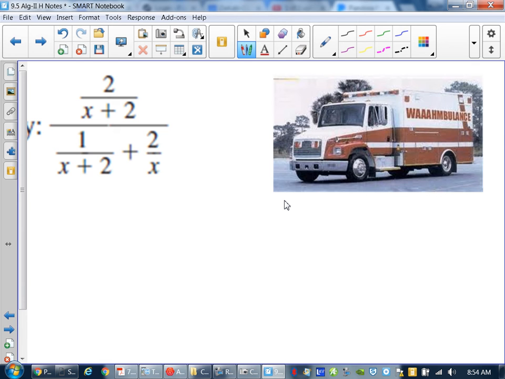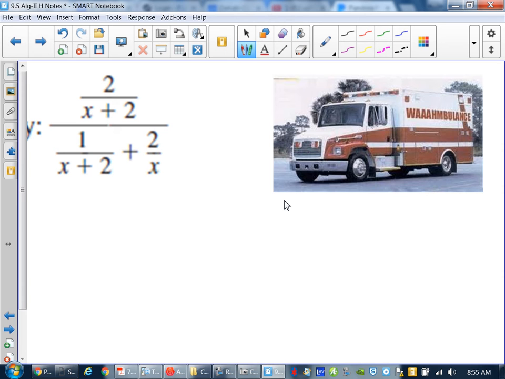Because I'm an idiot. So this is what we call a complex fraction. A complex fraction is a fraction divided by another fraction. And it's just another way of rewriting, instead of having horizontal math, this is just vertical math. It's the same thing.